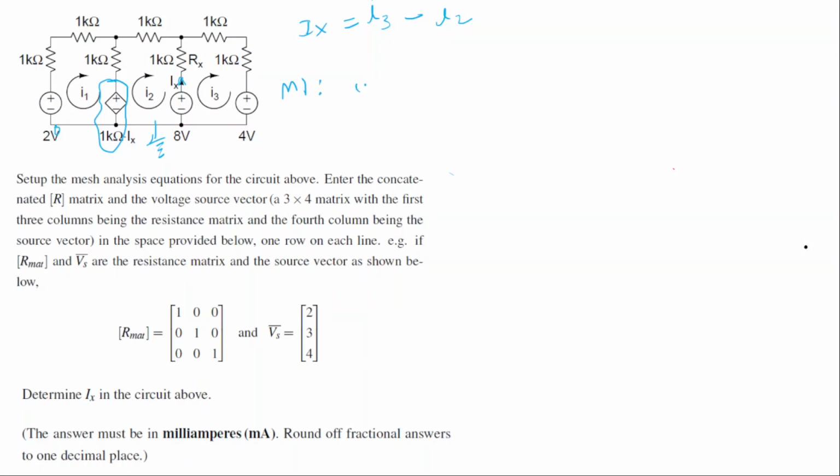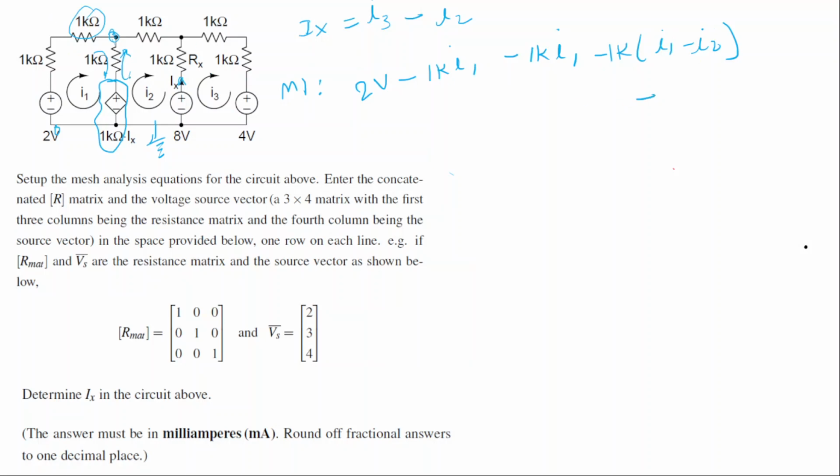So this is 2 volt minus 1k times I1, minus 1k times I1 in this resistance, and from here to here, minus 1k times the current, which will be I1 minus I2. The current in this branch is I1 and the current in the opposite direction is I2, so this will be I1 minus I2.